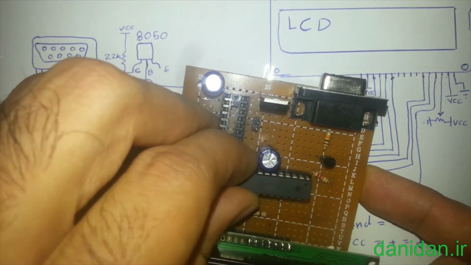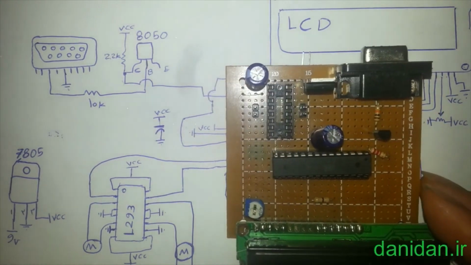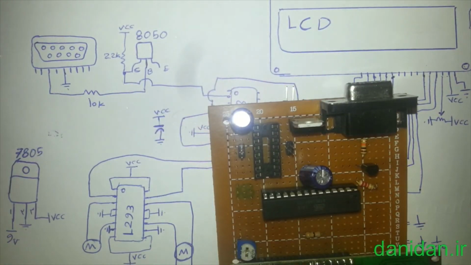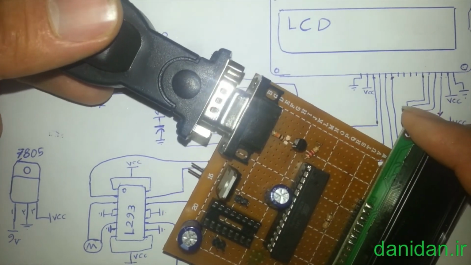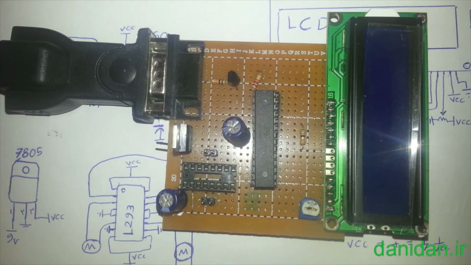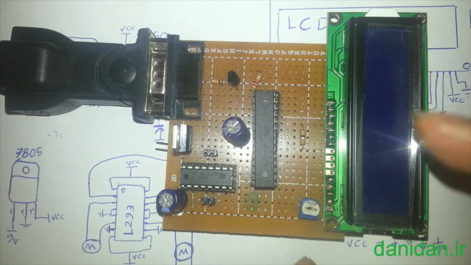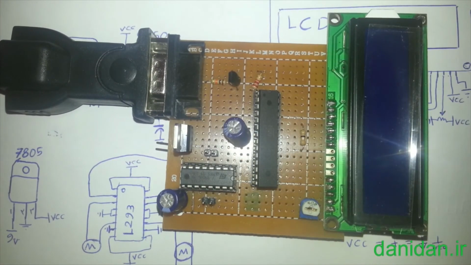So finally I try to put my microcontroller on this circuit. Yeah, that's it. Now I can connect my USB serial to that circuit, and I can send the data from mobile to my microcontroller just like that.